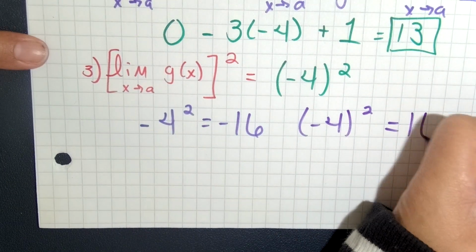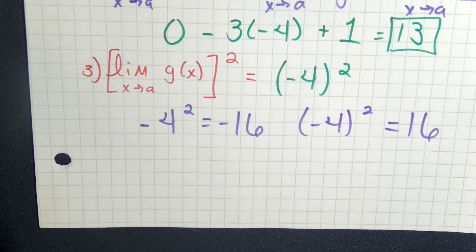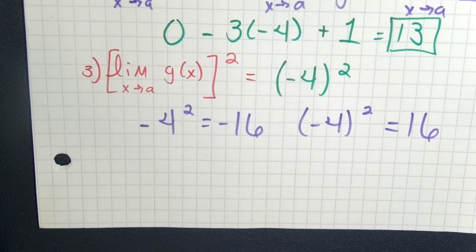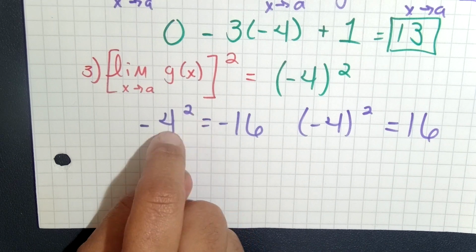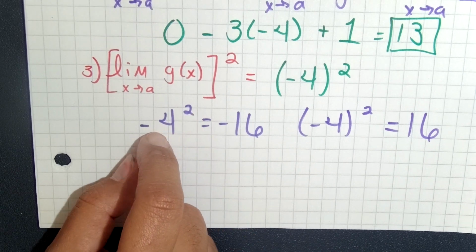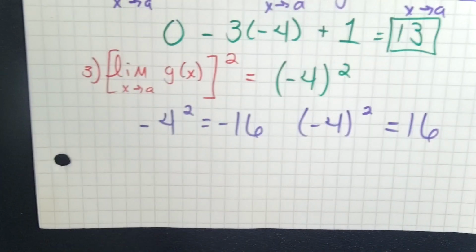That gives you 16. They are not the same. Make sure if you have a negative, you put it in parentheses, because your calculator does order of operations. It will do your exponent first because there's no parentheses, and then multiply by -1. Put it in parentheses.